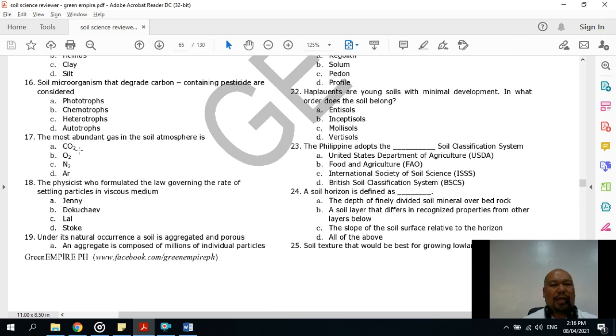So it's only slightly higher, but basically N2 is about 78%, and O2 is also about 21% or a little bit less. So the correct answer for number 17 should be letter C, nitrogen.